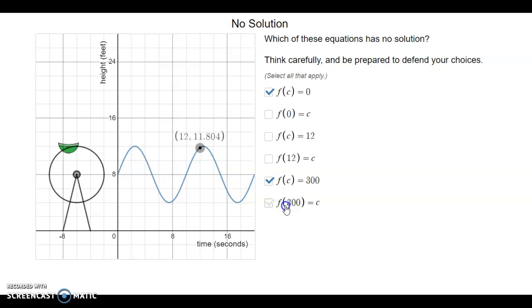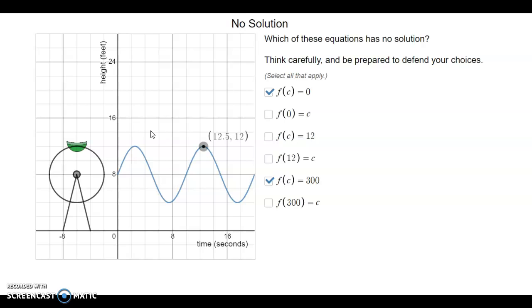Now, for this one here, it says at 300 seconds, I could have an answer. Absolutely. If we extended this graph further, we can probably see it would probably be going up to 12, because about every 10 seconds, it's going to be back at the same height.